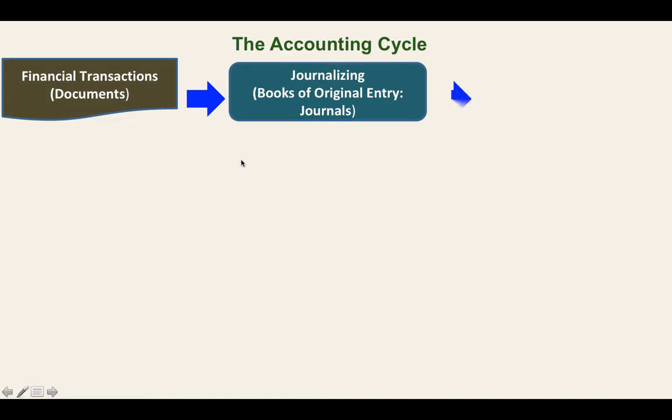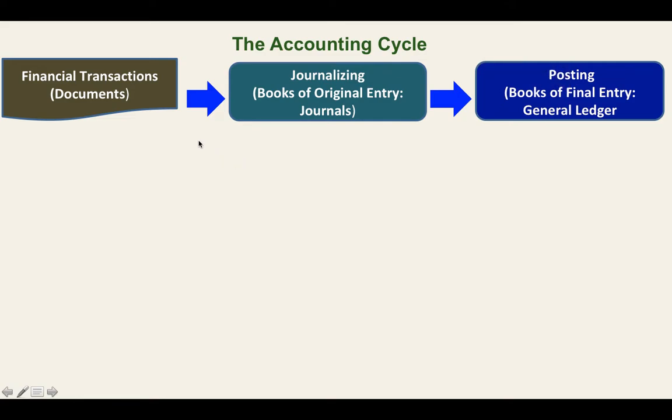Then after that, you are going to do the posting. Posting means that the journal entries that you have prepared will then be recorded in the respective accounts of the transactions.